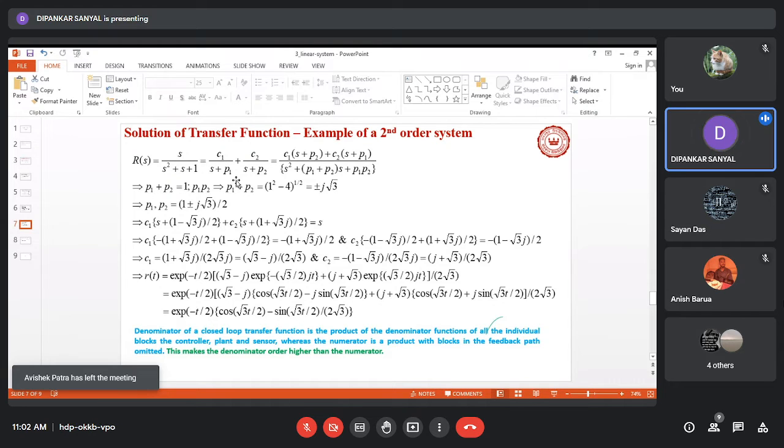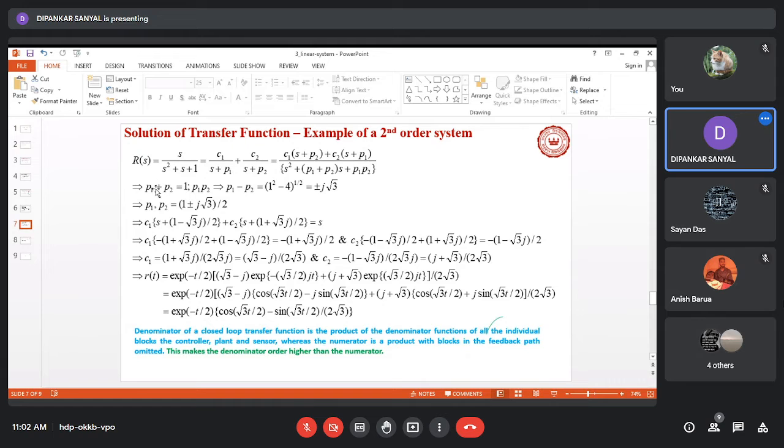Since we call the roots of the denominator function the poles, we have written this as P1 and P2. So basically we split it in this form, and their combined form becomes like this. And then if we compare this part and this part, clearly you can see P1 plus P2 is equal to 1, and P1 into P2 is again equal to 1.